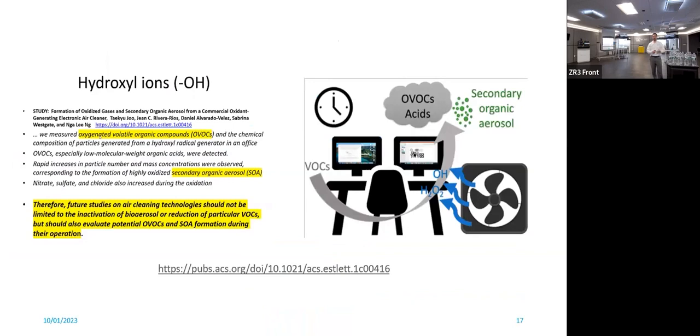And I have additional test data here showing you the risks associated with hydroxyl ions, negatively and positively charged, the oxygenated volatile organic compounds it creates, the secondary organic aerosols it creates, and just all the studies talking about these types of electronic air cleaners and how we need to stay away from them. There's a lot more testing that needs to be done to look at the overall validity of the product and how it actually functions and works.